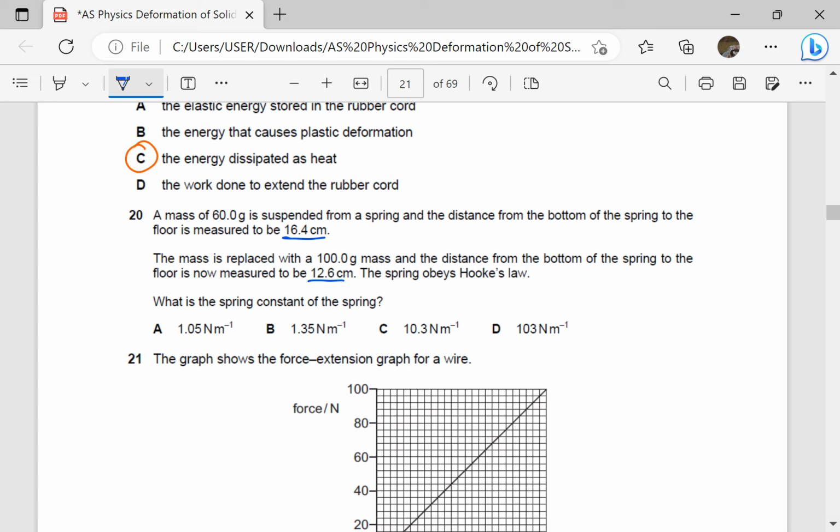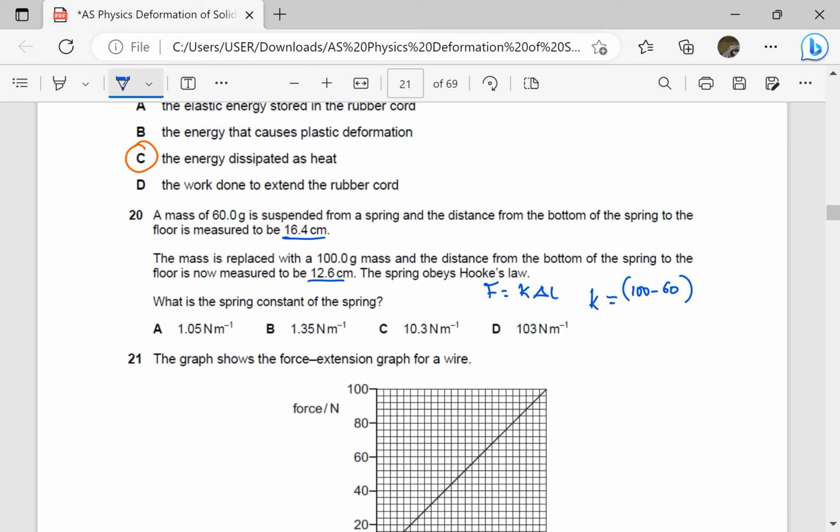We know that if the spring obeys Hooke's law, the load is equal to the constant times the extension, which I'm going to call change in L. So the constant k is going to be equal to the load divided by the extension. The load is changing from 60 to 100, so the load is going to be 100 minus 60, in grams.